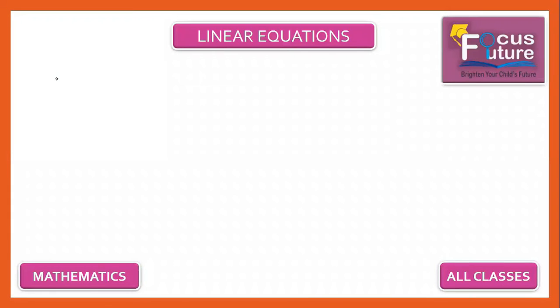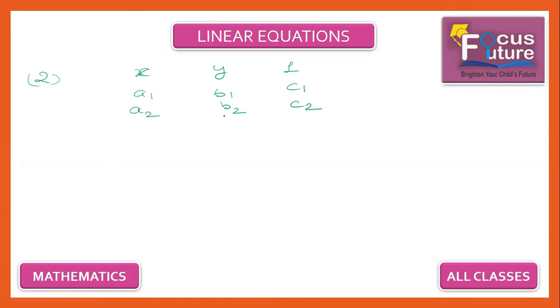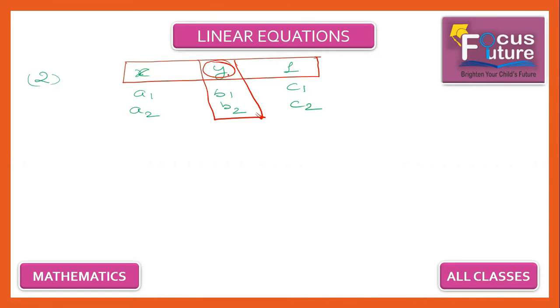So to calculate y, I'm writing the rule number 2 again. Rule number 2 was x, y, and the constant. Coefficient of x is a1, a2, coefficient of y is b1, b2, and constant is c1, c2. I'm just changing the marker to write the value of y. So what you have to do for y? You would leave this row and this column, wherever this is coinciding.